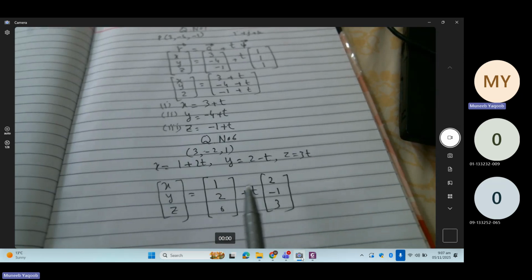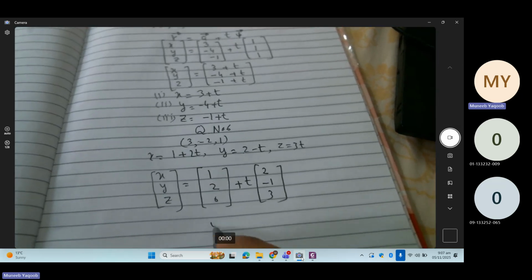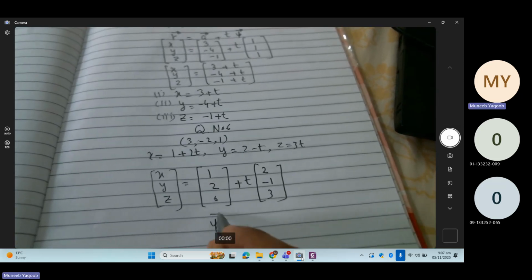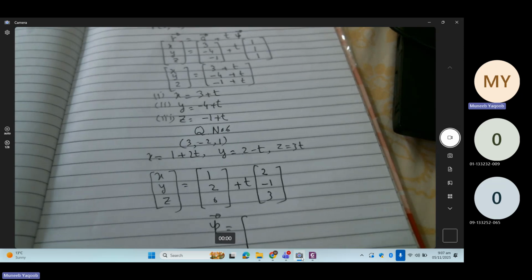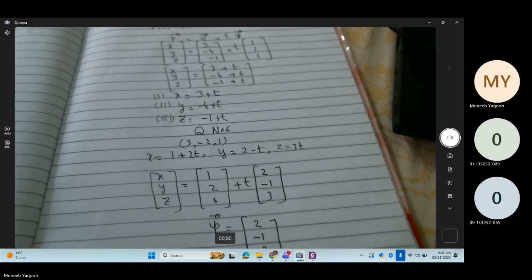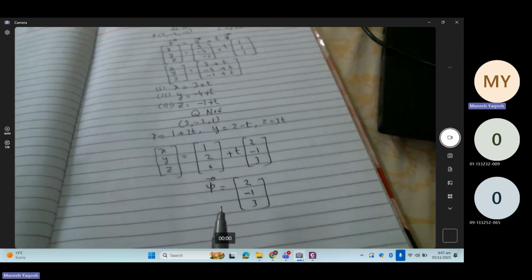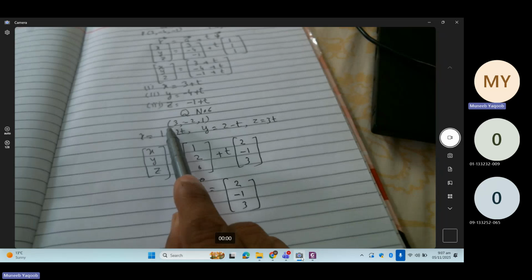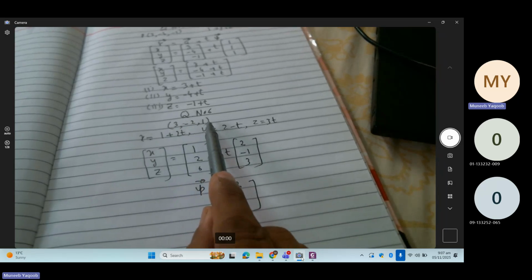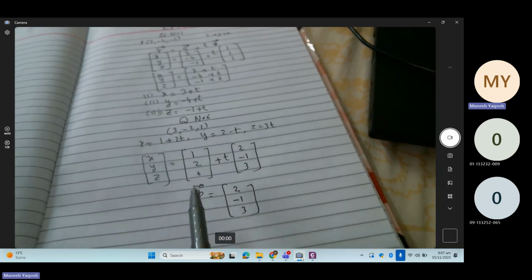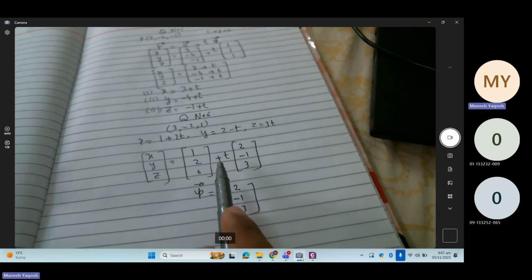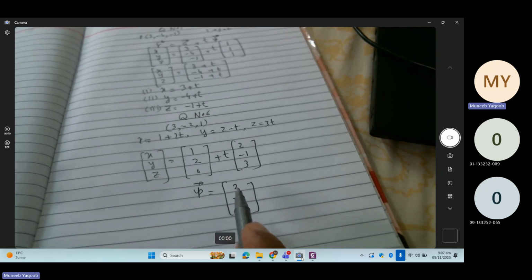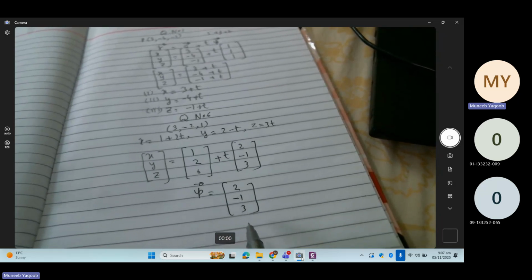So the given line has the direction vector p equals (2, -1, 3).